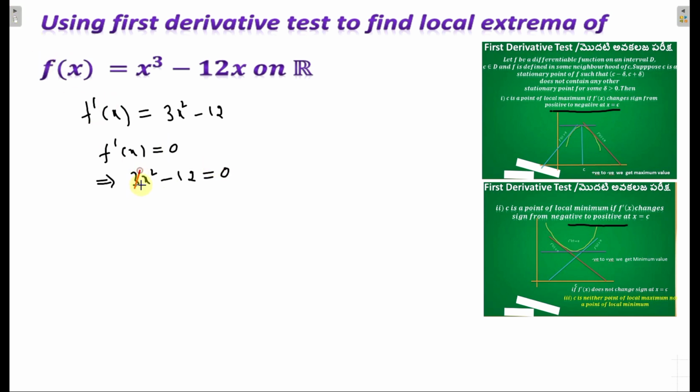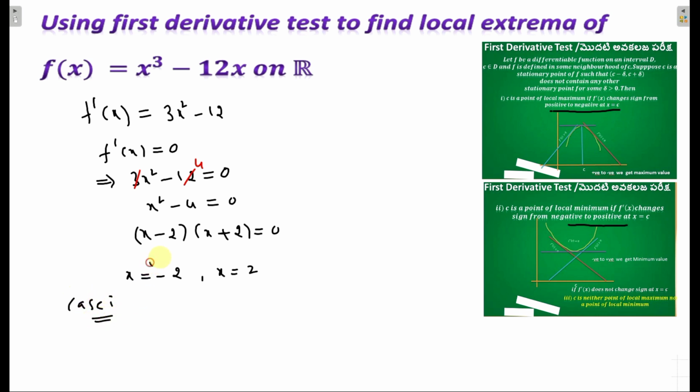Here I can cancel, 3 ones are 3, 3 fours are 12. So on simplification, this is x square minus 4 is equal to 0. From this I can write, splitting this into two factors, two values I am getting here, x is equal to minus 2 and x is equal to plus 2.